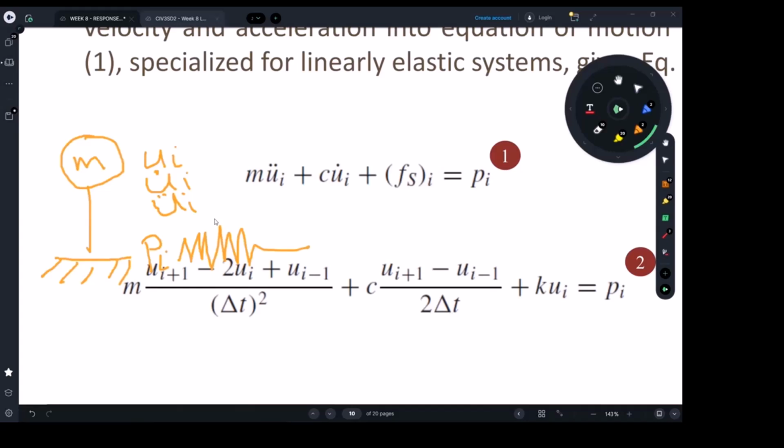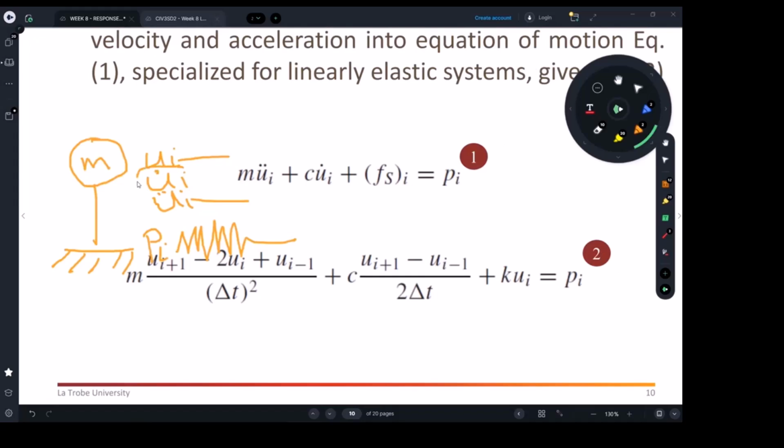And as I said to you before, at different topics, different weeks, we mostly work with displacement and with acceleration, because displacement gives you the serviceability behavior of the structure, and acceleration gives you the force. And the force will give you many other things. It will give you the bending, the stresses at the base of the core, et cetera. The velocity is kind of useful if you want to design a damping system in your structure.